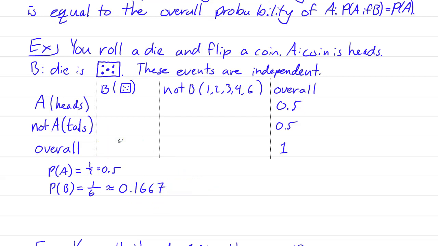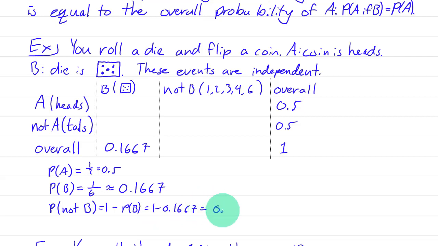So about 16.7% of the time. And the probability of not B is the rest of the time. That's going to be 1 minus the probability of B, or 1 minus 0.1667, which comes out to be 0.8333.